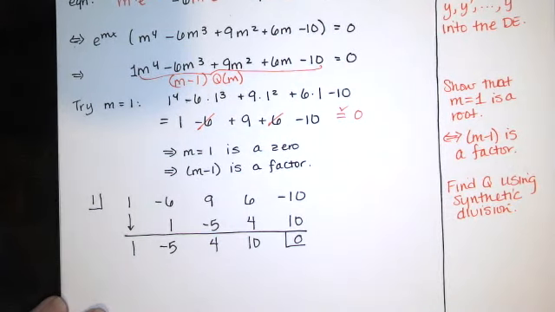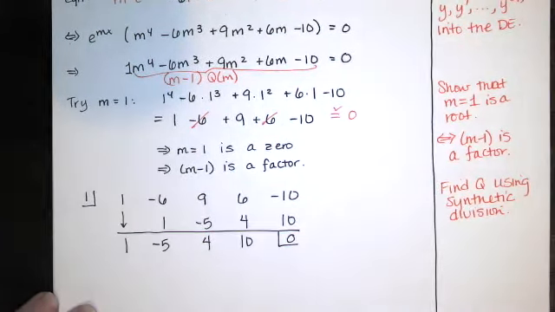The remainder should be 0. If the remainder is 0, then you know that m equals whatever that value is a 0, and m minus that value is a factor. And we knew that that was going to work because we plugged in m equals 1 and we already got 0. So if we get something other than 0 right here, that means it's not going to work. That means that value of m is not a 0 of the polynomial. But this time it worked the way it's supposed to.